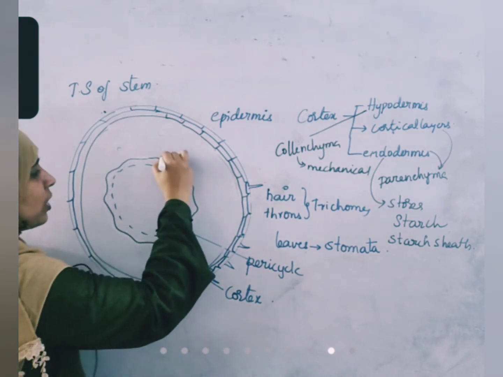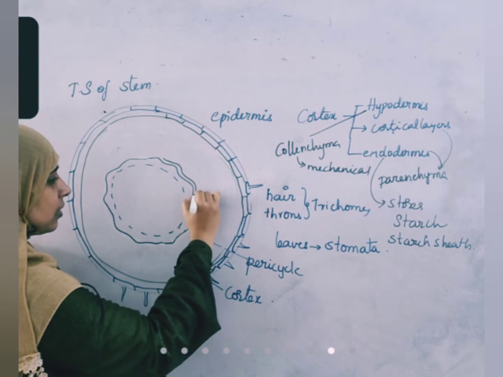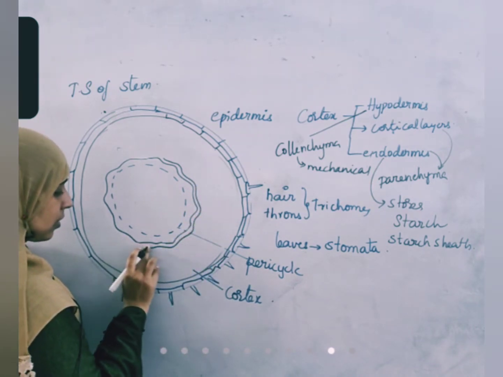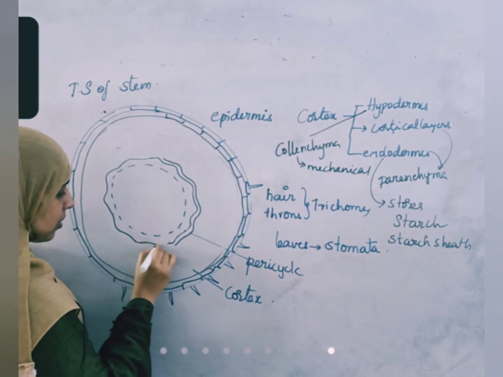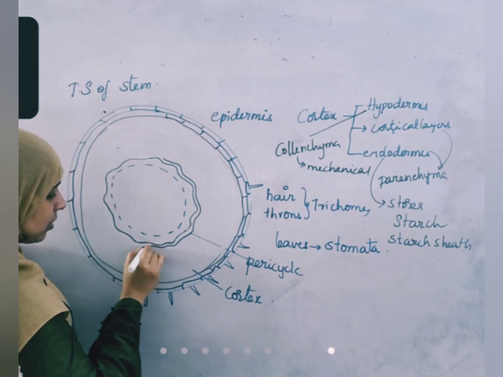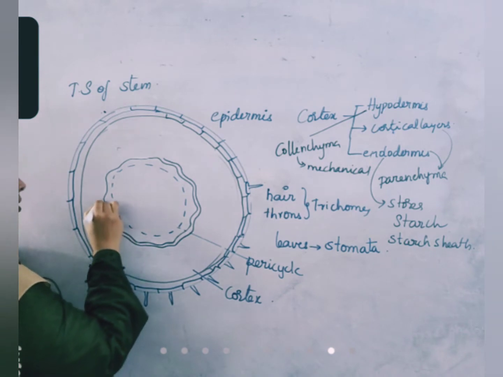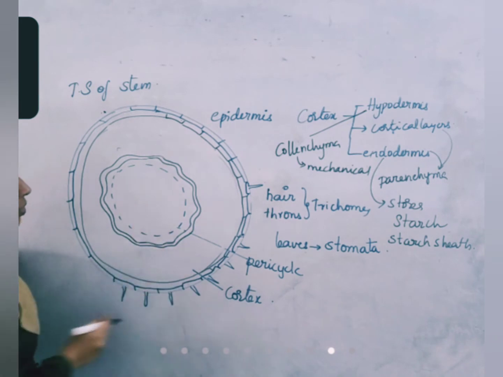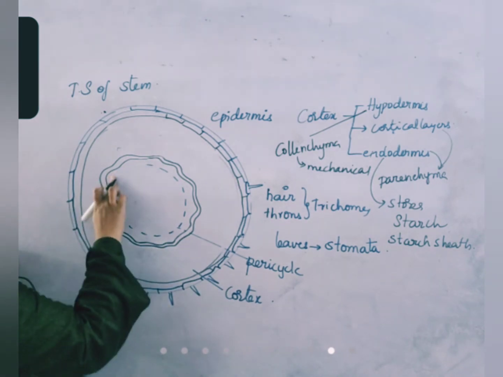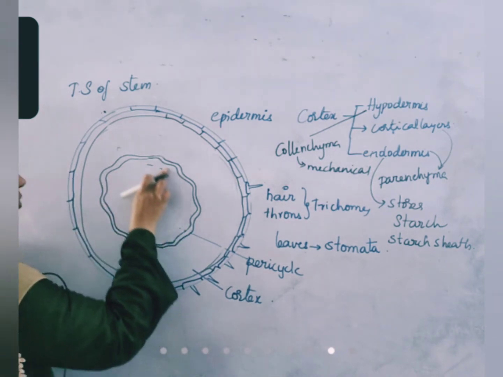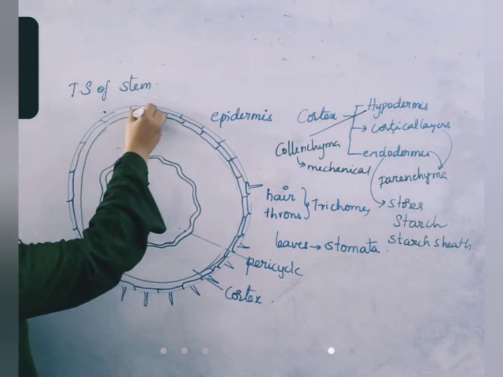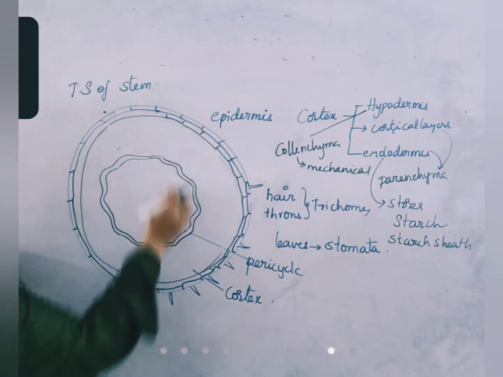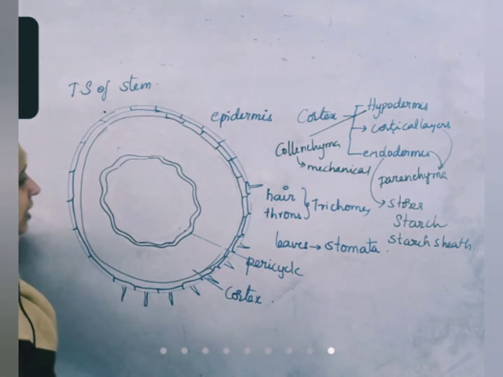This is the endodermis layer. I'm not drawing each and every cell, children. This is epidermis, this is hypodermis, this is endodermis. In between, there are so many cortex cells.